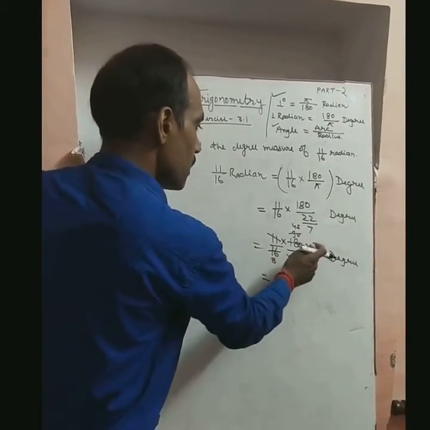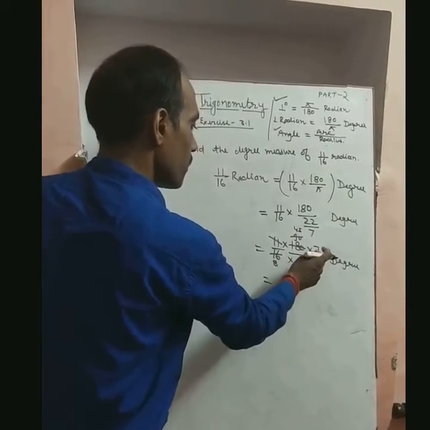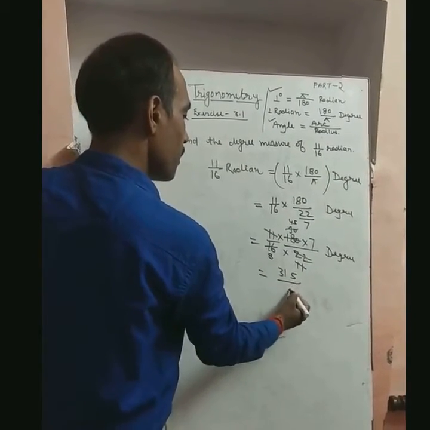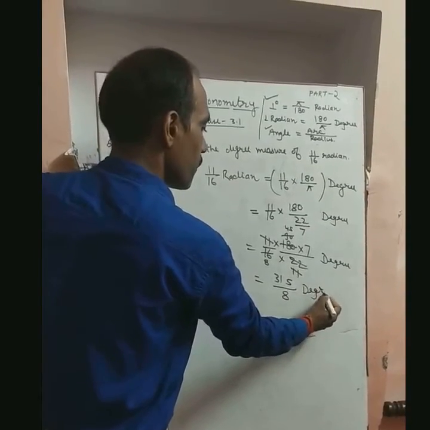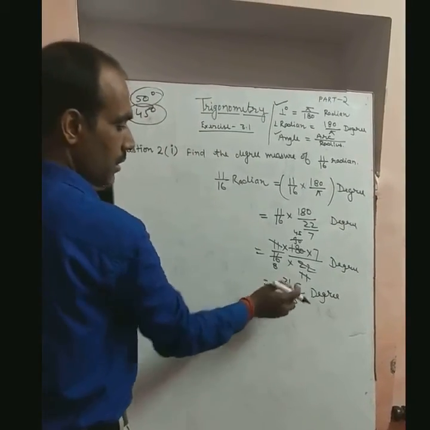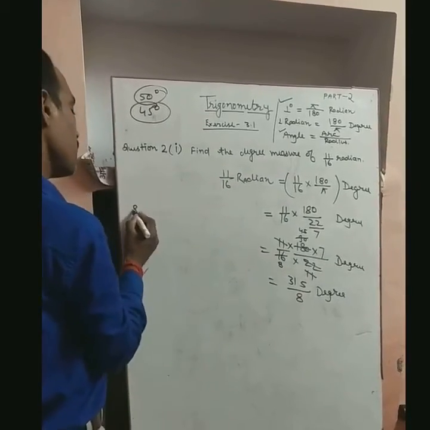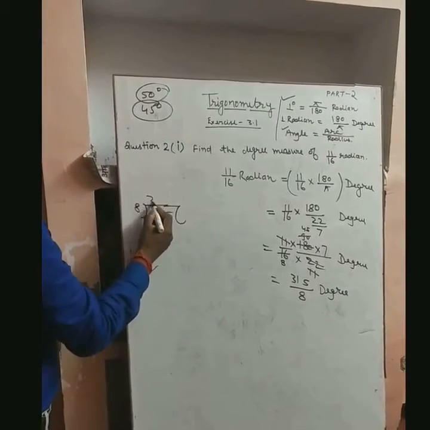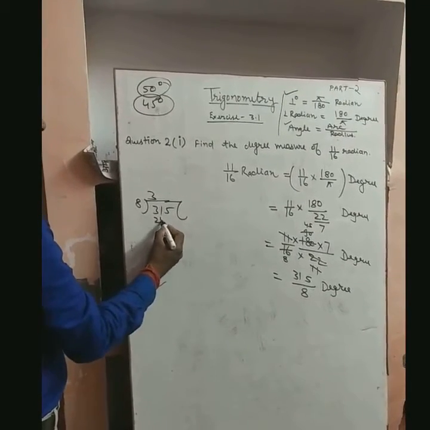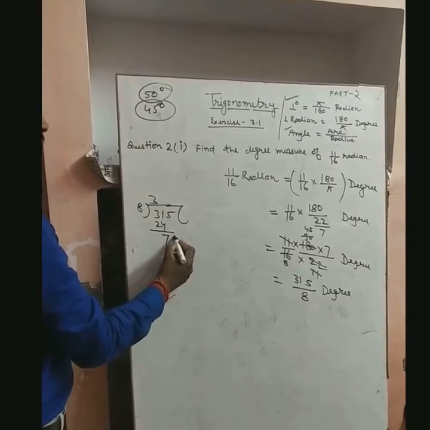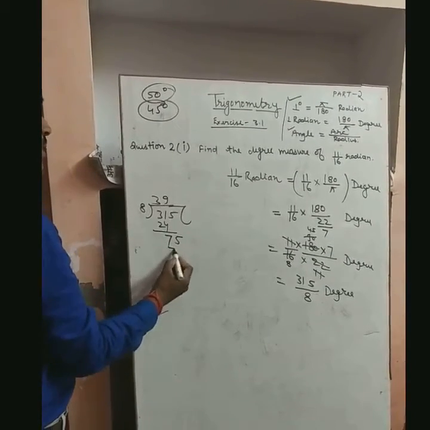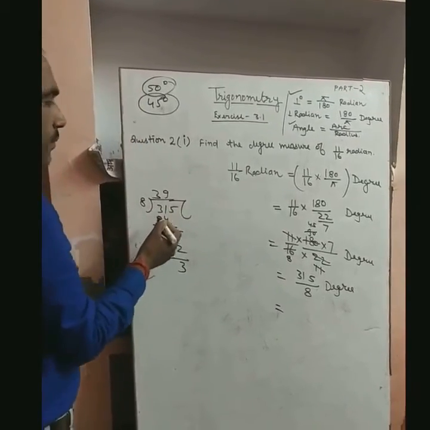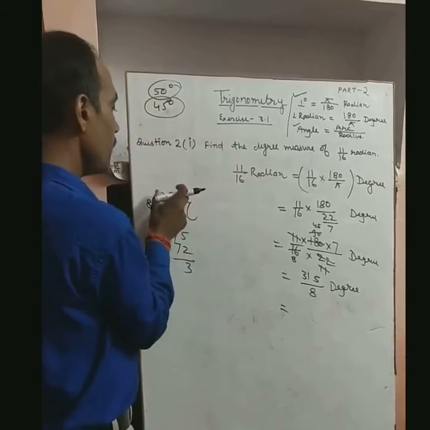Now what is the result? 7 times 45 is 315. 315 upon 8 degree. Now divide by 8. 8 times 39 is 312, then 3 remains. This means 39 is the whole part.